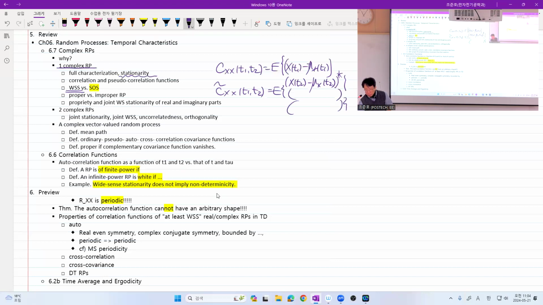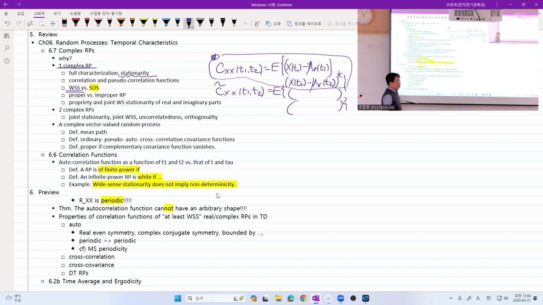So we need two correlation functions. The problem is that people didn't pay much attention to this complementary or pseudo autocovariance function of a complex random process. So they defined wide sense stationarity only in terms of the ordinary covariance function.